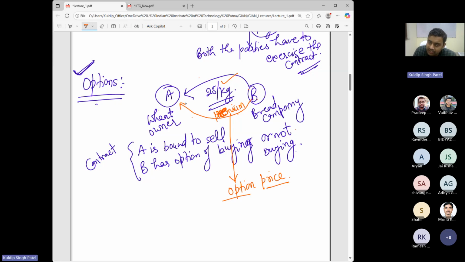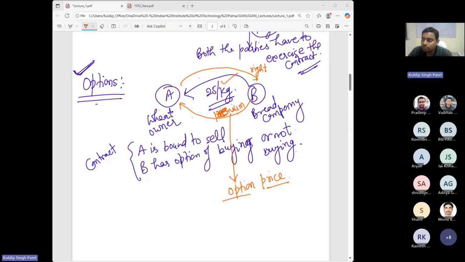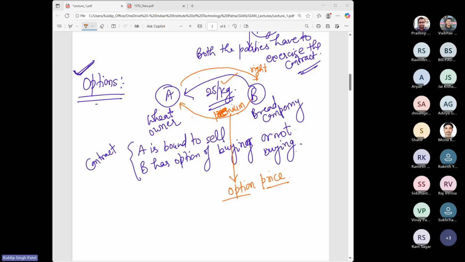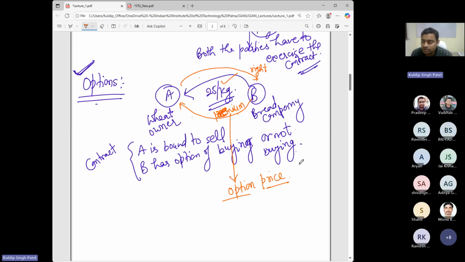So A said, okay, you paid me the premium, and now A has given him the right. This is the right with you: if you want to buy, you buy; if you don't want to buy, you don't buy. And this premium is called the option price. So B has the option. What is the price of this option? How much should B pay to have this option?